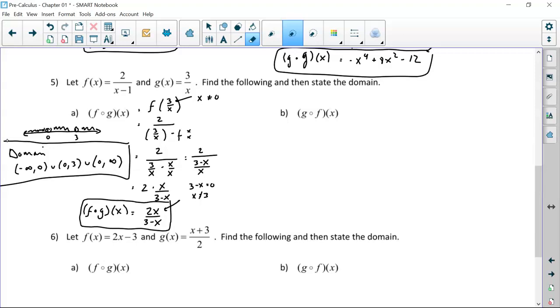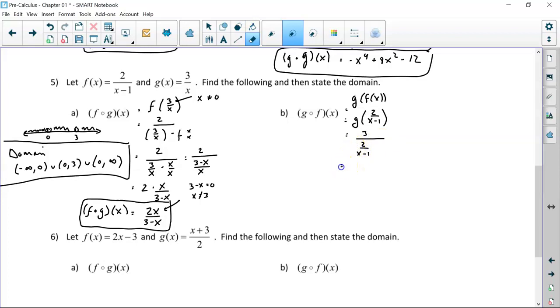Let's look at g of f of x. So for g of f of x, it's going to be g of 2 over x minus 1. So the function g is 3 over x, so it's 3 over, now what's inside the parentheses is 2 over x minus 1.